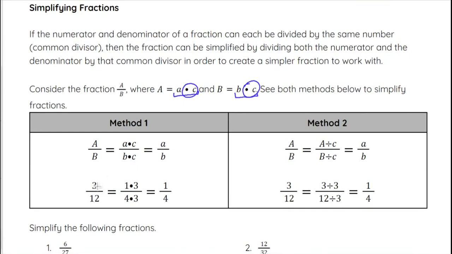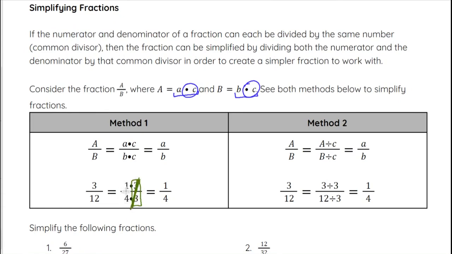For example, 3 can be rewritten as 1 times 3. Then we think, can that bottom number also be rewritten using the multiple of 3? So 12 can be rewritten as 4 times 3. And so we can look at this 3 on top and 3 on bottom as simplifying to 1.